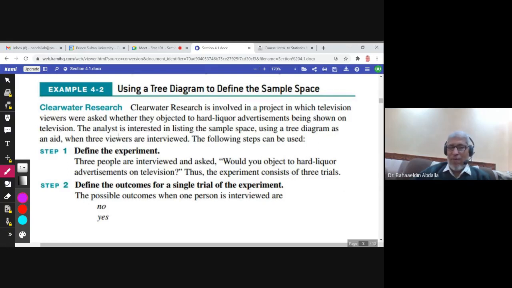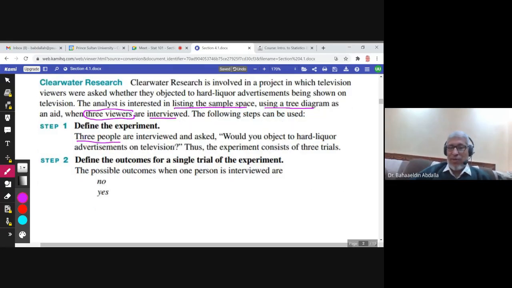The analyst is interested in listing the sample space, using a tree diagram, when 3 viewers, so how many viewers this time? We will ask 3 viewers about whether they objected or not. So what is the experiment? We will interview 3 people, and this would be the question given to them.